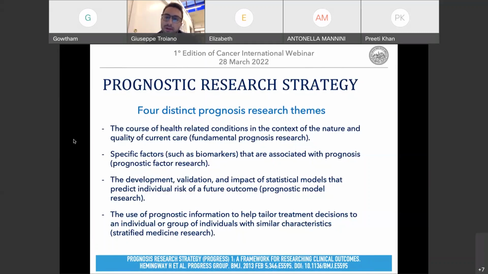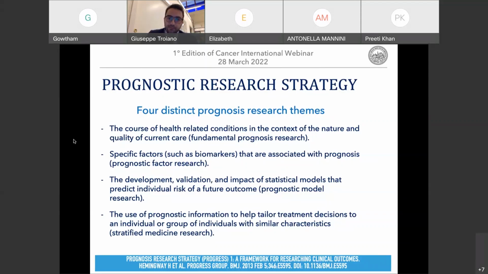And the methodological basis of prognostic research in this field was developed and standardized in 2013 by the PROGRESS group, the Prognosis Research Strategy group, who proposed a framework splitting the studies on prognosis in medicine in general into 4 different types.